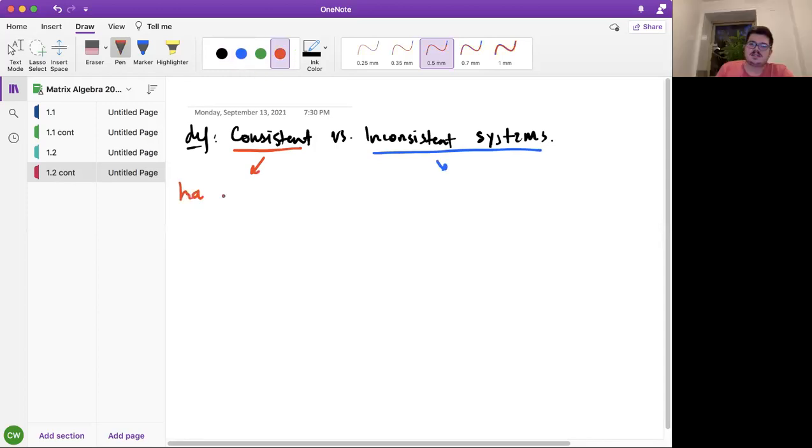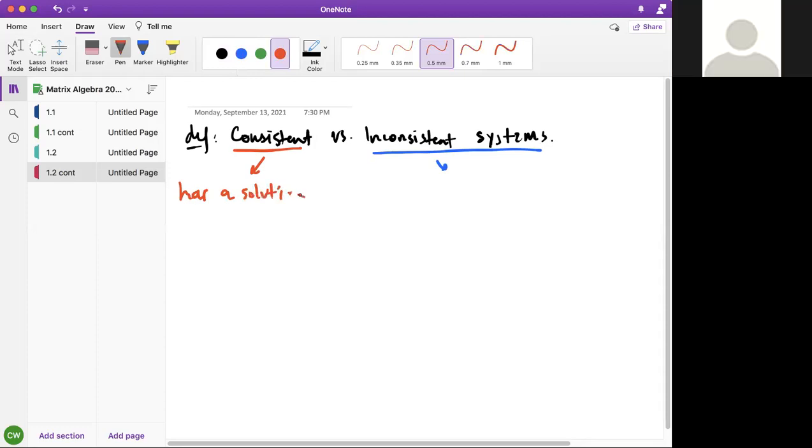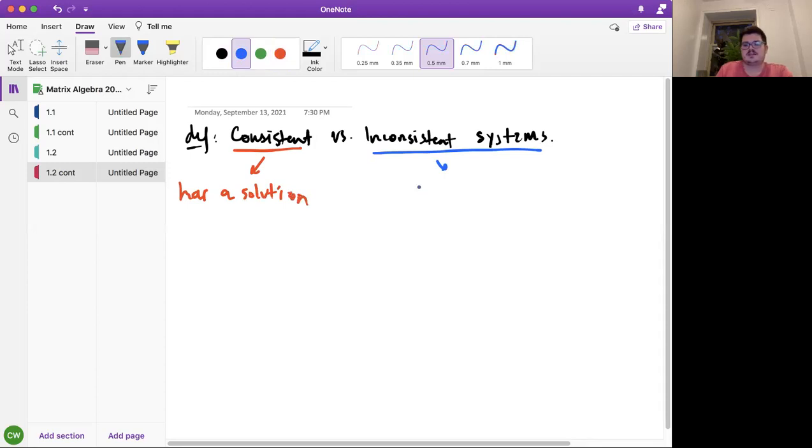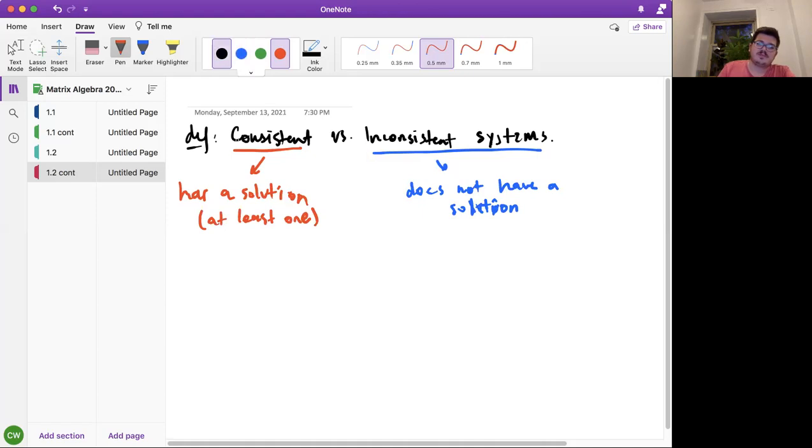Yeah, consistent means it has a solution, and inconsistent does not. Sorry, I must have missed that. It has at least one solution, so there could be infinitely many, but it has at least one. Sorry for not defining that last time.